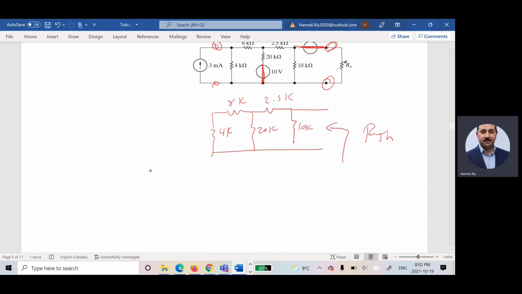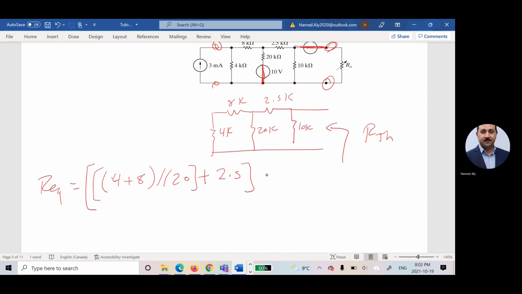So I can say R equivalent is equal to 4 plus 8 in parallel with 20, and the overall in series with 2.5, and the overall in parallel with 10. If you try to calculate R equivalent, it will be equal to 5 kilo ohms.